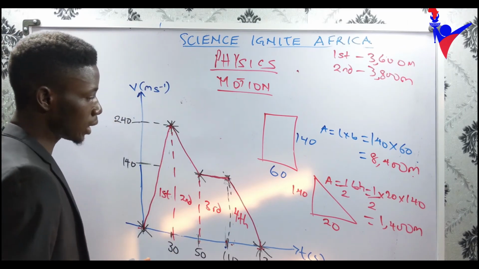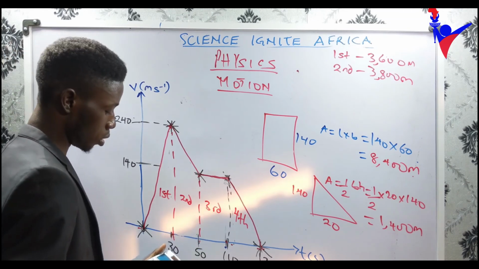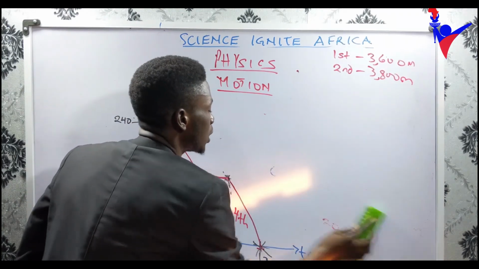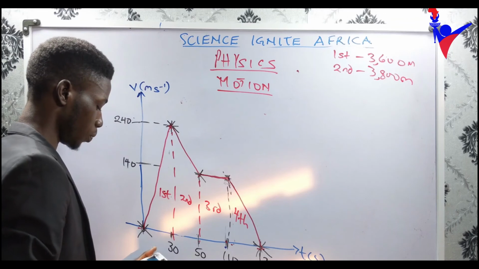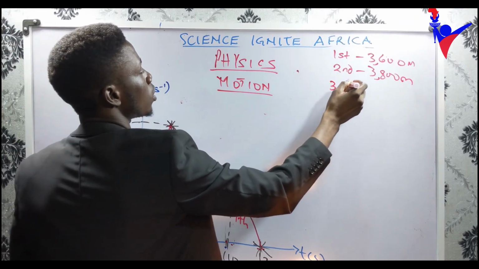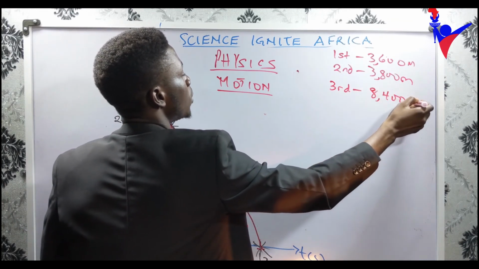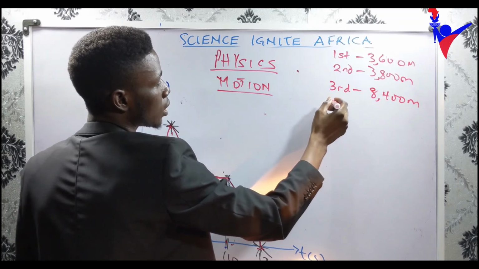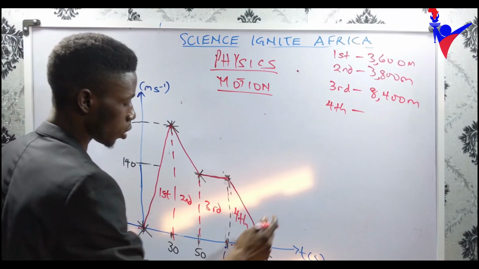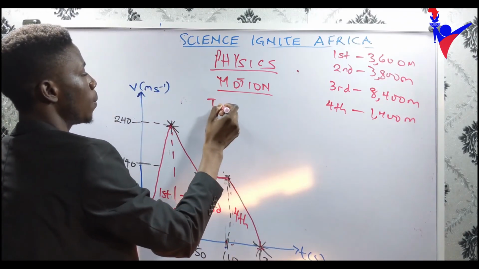So the total distance covered, the third stage we have 8,400 meters, and the final stage, which is the fourth stage, we add 1,400 meters.